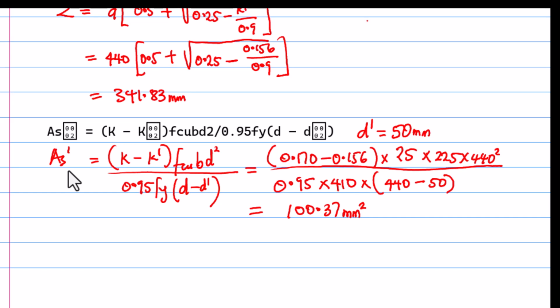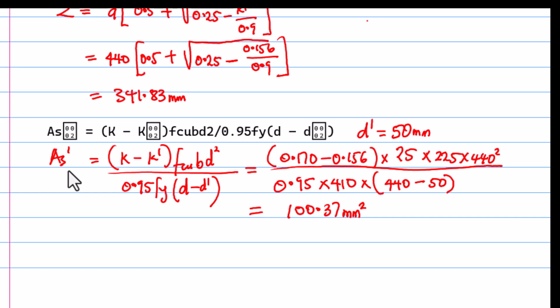So we are going to look at the table that was given, or we'll call it a steel selection table. If we take a look at the table, we notice for 100, if we are on an assumption that we are using 16 mm, how many are we going to use? From table A, if I decide to use 2 of 12 mm, that will give me 226, and that is what I'm going for.